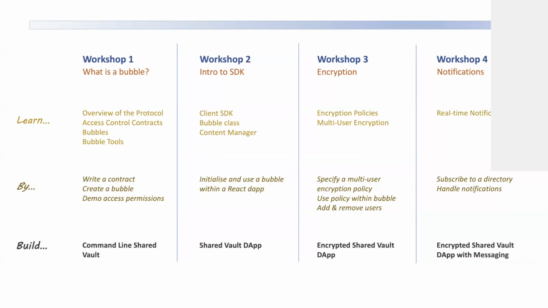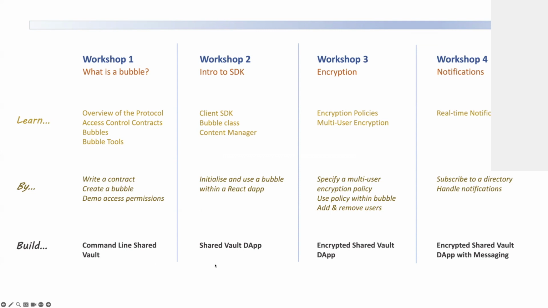As part of this, we will write the smart contract that controls the bubble. We'll create the bubble. We'll have a play around with reading and writing, changing access permissions, and just having a bit of a play. And then finally, we'll delete the bubble, which will delete all the data.